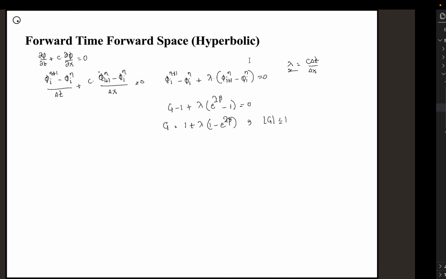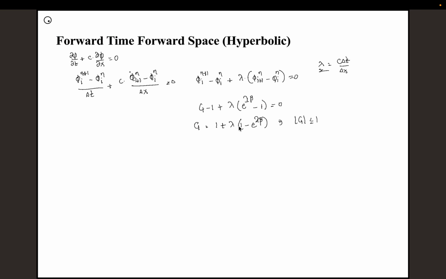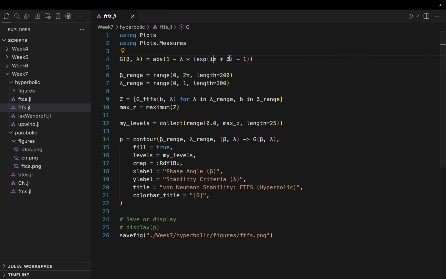I've just interchanged these terms. The remaining everything else is the same. We define beta to be 0 to 2 pi and lambda between 0 and 1. Z is the value of g that I'm calculating here. This is just the plotting stuff.